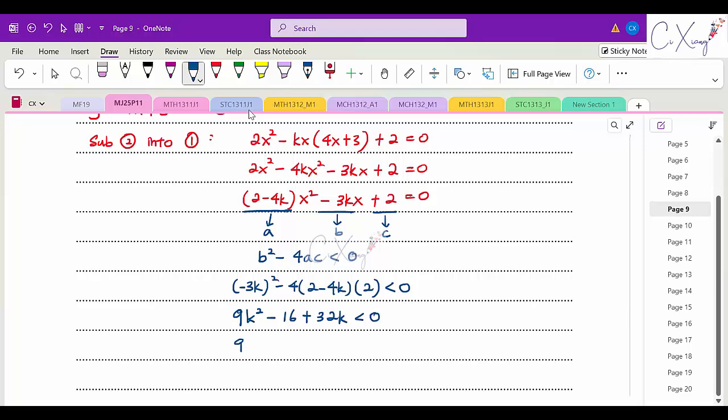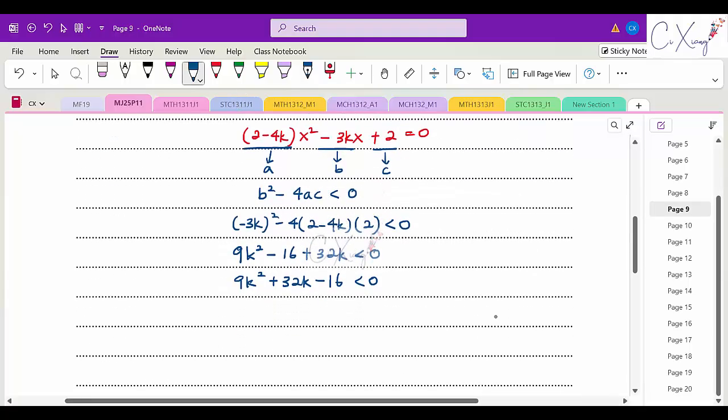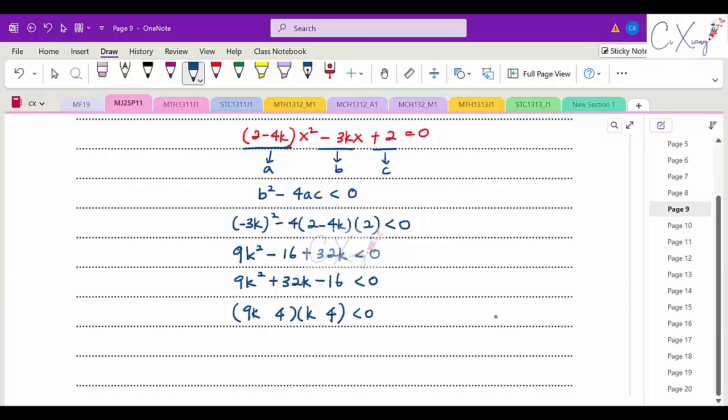And again, you get another quadratic inequality here, and please solve the quadratic inequality by using the technique that you like. For me, personally, I prefer to draw the number line. So I try to factorize it first. I'm having 9k with k, and after that, I'll be having 4 and also 4 here with a positive and also negative, because I want to get positive 32, right?